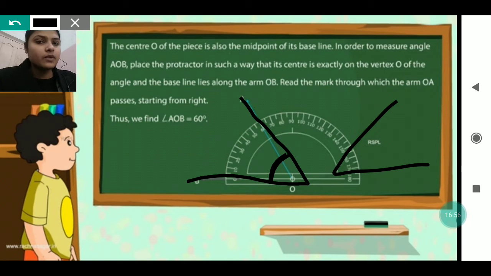One more thing to keep in mind: whenever you write the name of an angle, you always have to write the vertex in the center, in the middle. We don't write the vertex to the left or right side, that will be wrong. The vertex, where the angle is forming, should always be in the center.